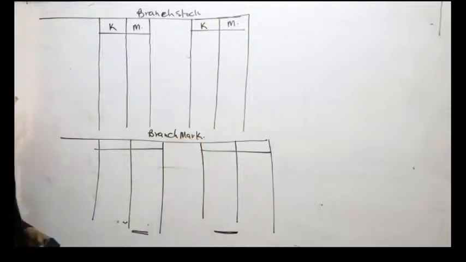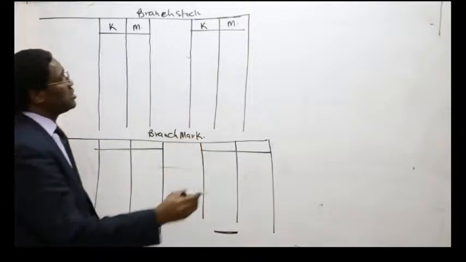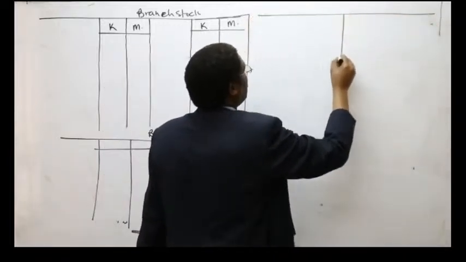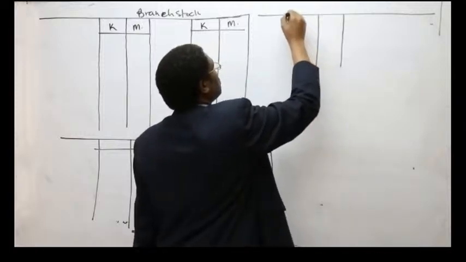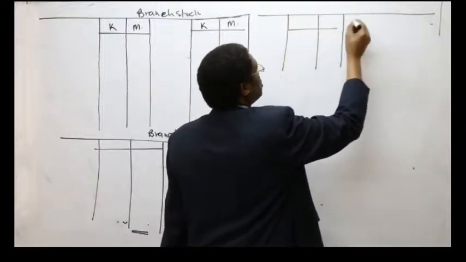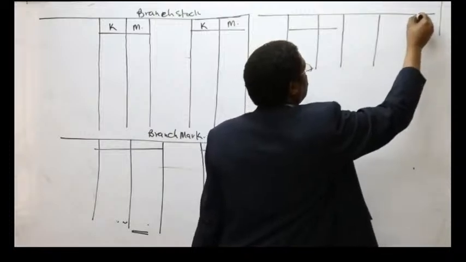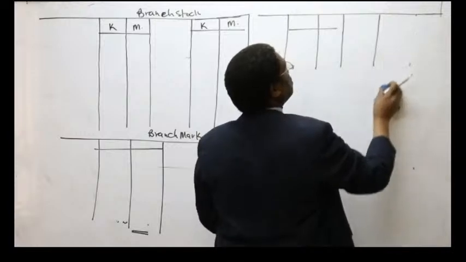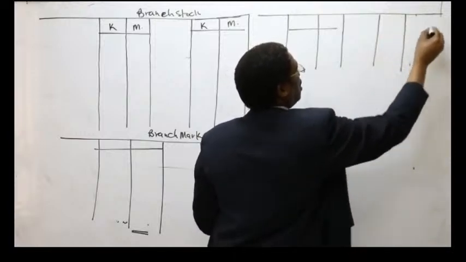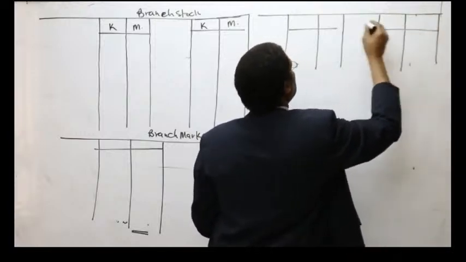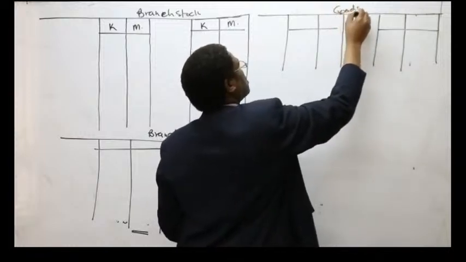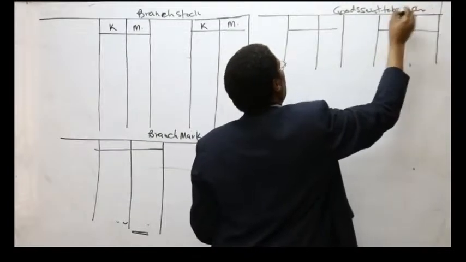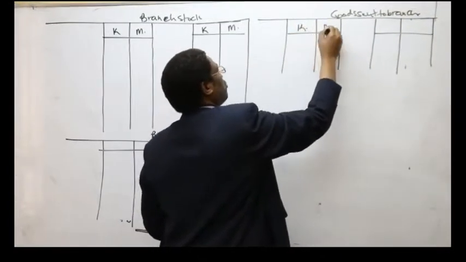The other account, though they don't want us to open it, is goods sent to branch. We can use it for the purpose of completing the double entry. Goods sent to branch. Normally it's not a long one. This is goods sent to branch. Again, we need a column for Kisumu, Mombasa.